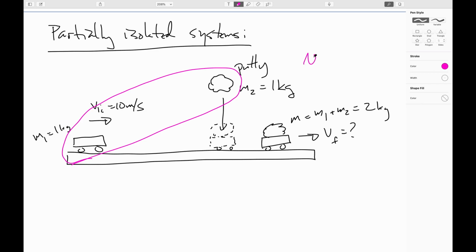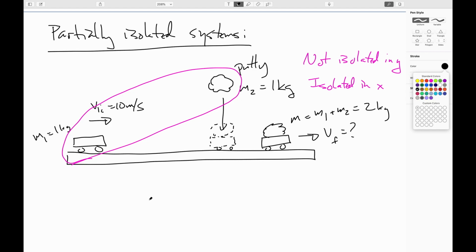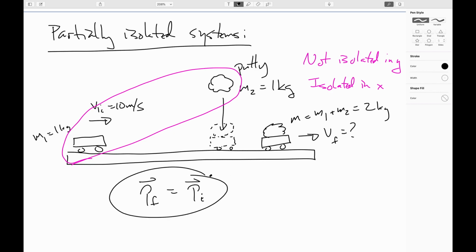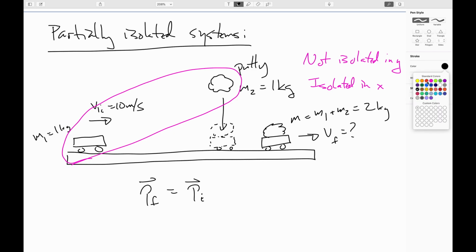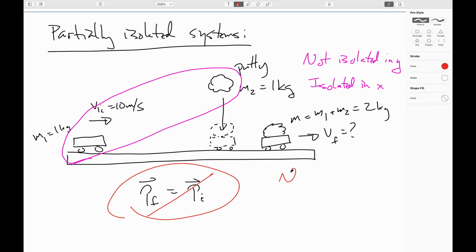However, it's only not isolated in Y. As long as there's no friction, hey, these are dynamics carts, the very low friction, this is isolated in X. So although we cannot say that momentum is conserved, that would be incorrect. It is not correct to say that P final as a vector equals P initial as a vector. In this circumstance, that would be wrong because the system is not isolated.